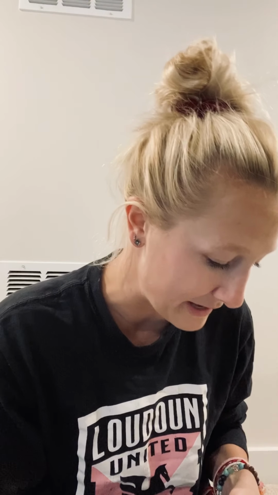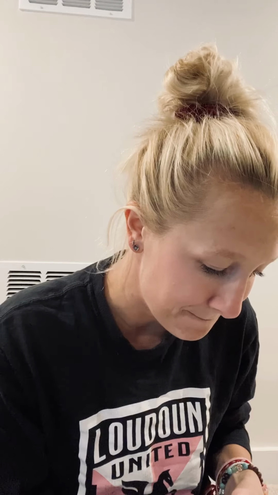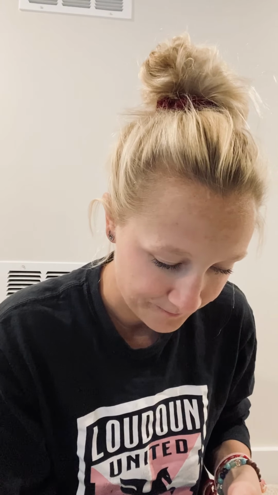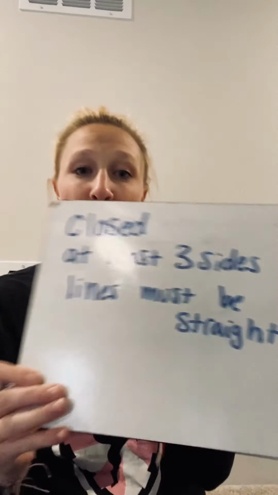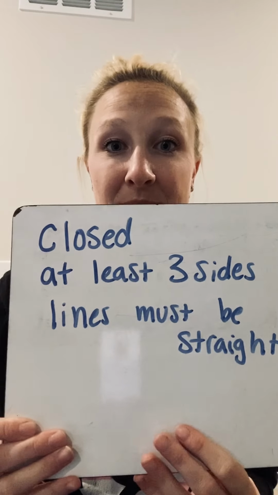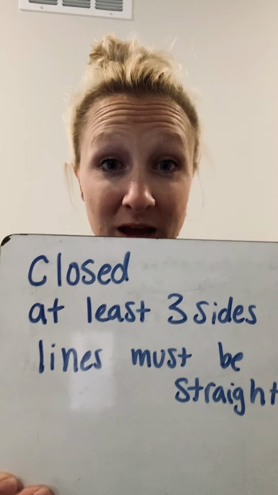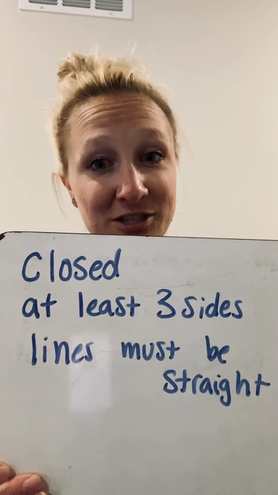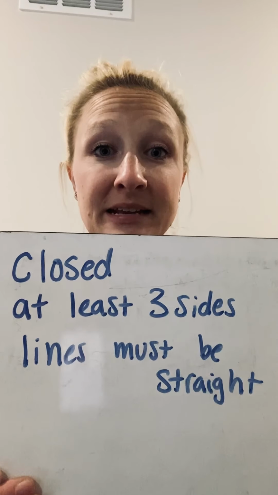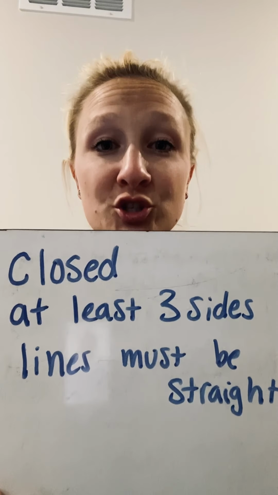And the last rule is the lines must be straight. So in order for a shape to be a polygon, they must follow these 3 rules to go under the polygon umbrella. It must be a closed shape, at least 3 sides, and the lines must be straight.